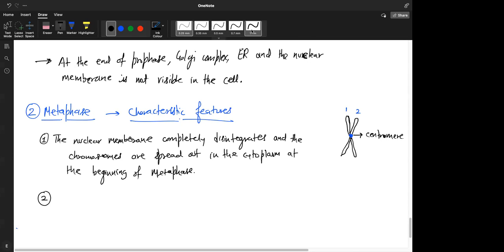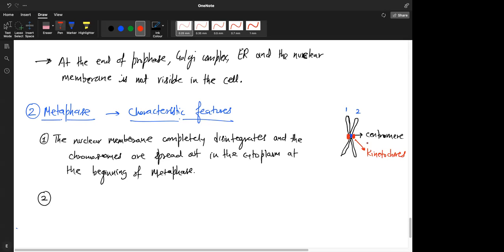And write down 2 small discs. Now I'm making it big so that you can see, but they are small. 2 small discs are at the surface of the centromeres, known as kinetochores. These are proteins, basically protein discs.